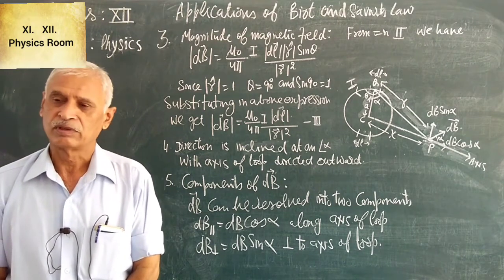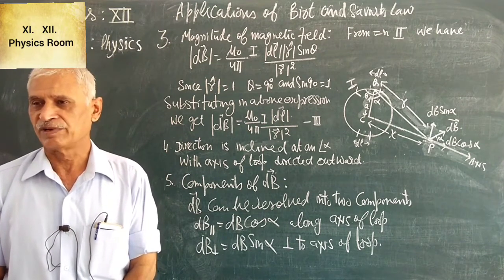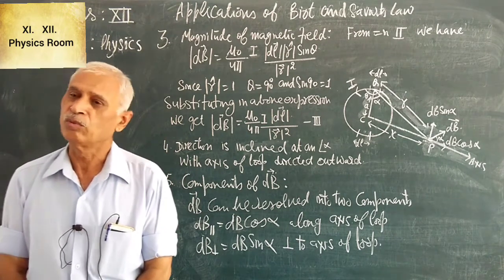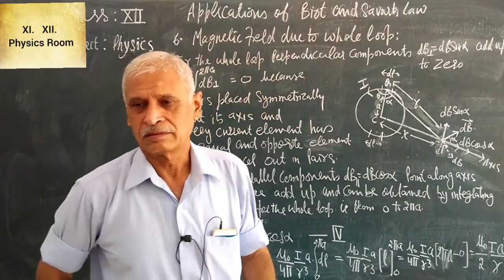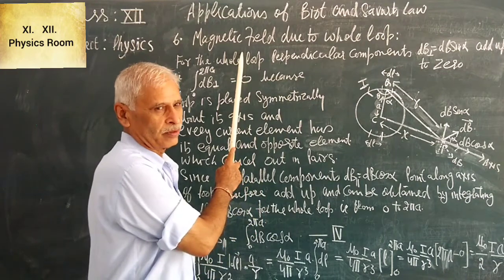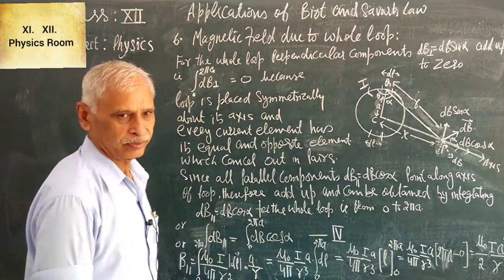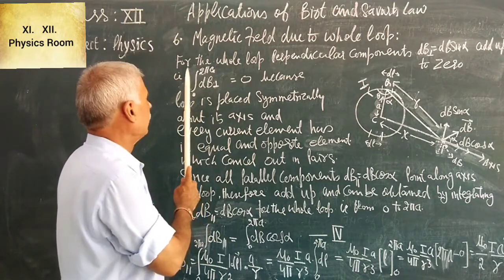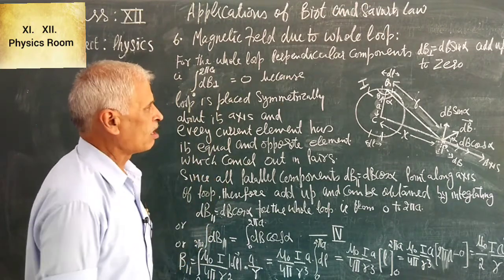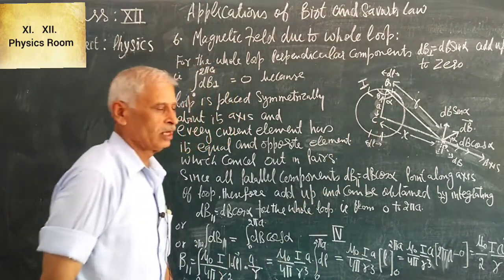Now we have to proceed to the magnetic field due to the whole loop. For the whole loop, the perpendicular components dB perpendicular equal to dB sin alpha add up to 0.